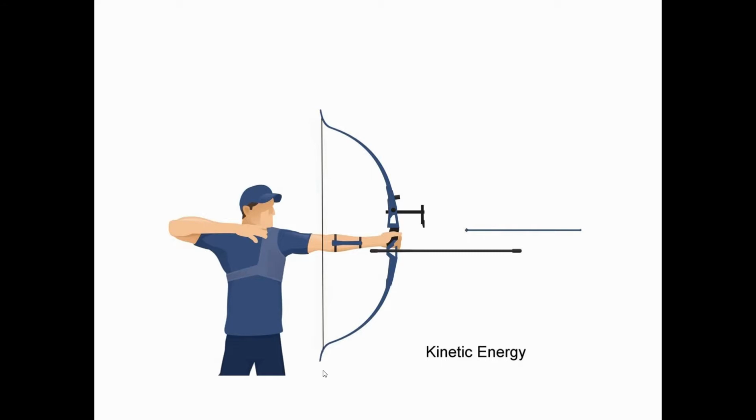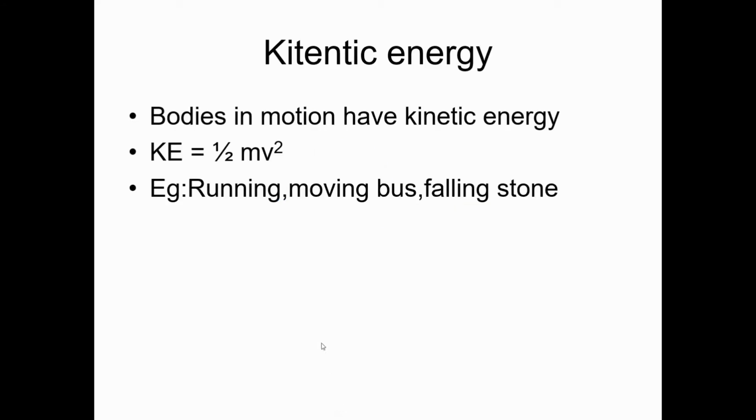This moving arrow will be having kinetic energy. So in short we can say that bodies in motion have kinetic energy, and the equation for kinetic energy is half mv square. m is the mass and v is the velocity. For kinetic energy we can say running, moving, bursting, falling stone, all as kinetic energy.